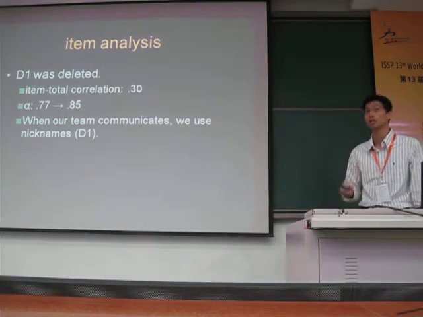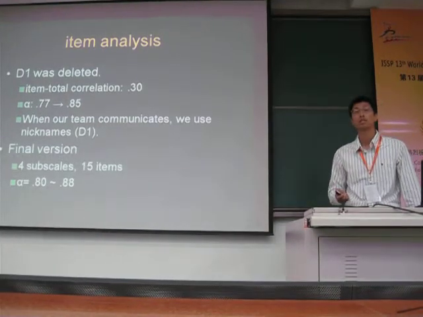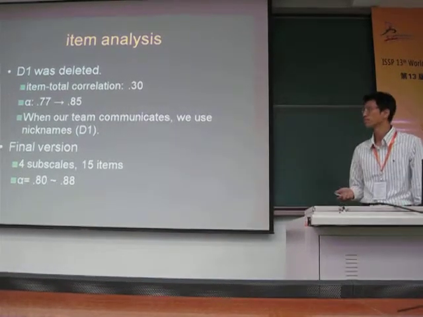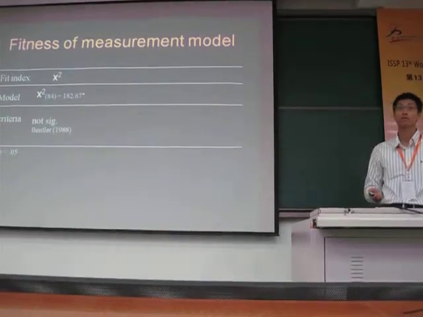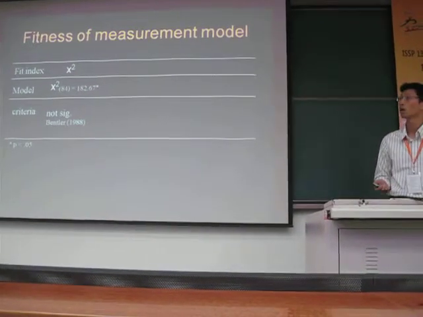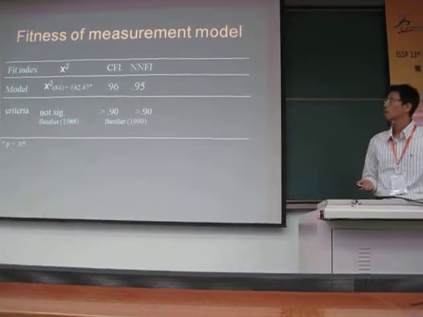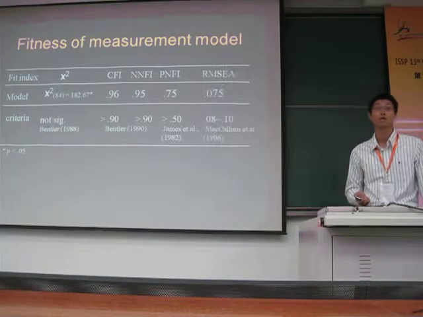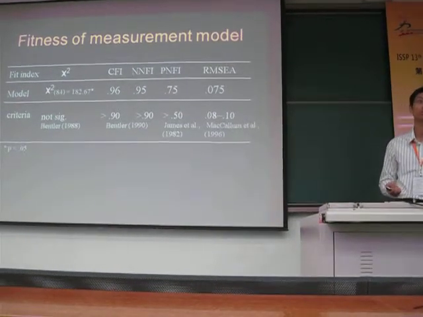In this phase, the Chinese version has 4 subscales and 15 items. Results from CFA showed that the measurement model has ideal comparative fit, ideal parsimonious fit, and acceptable absolute fit to the data.